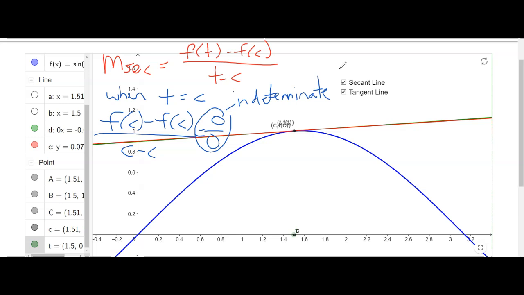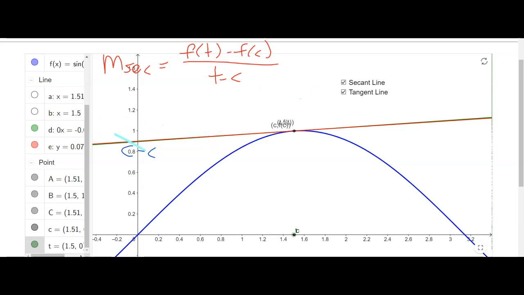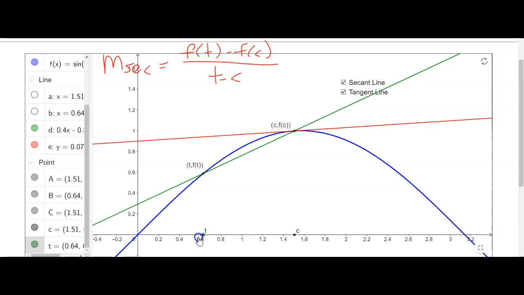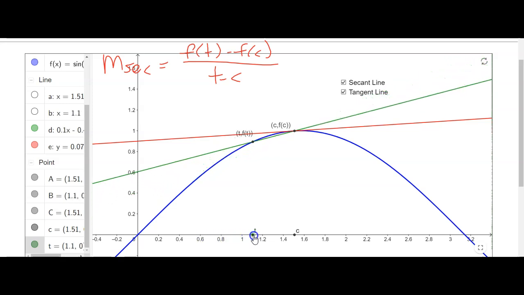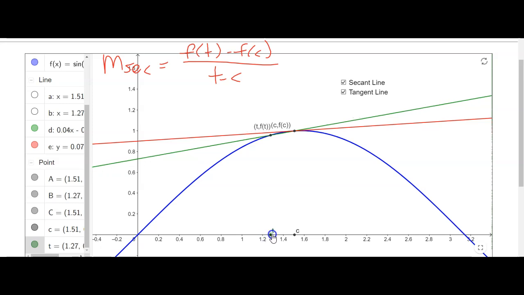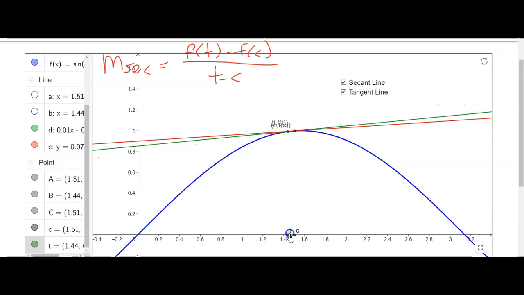Because we get something that's indeterminate. What we said though is, while we can't just substitute those values in, we can think about a concept we talked about in our first unit of calculus, and that's the idea of a limit. So as I move t closer and closer to c, it looks like the secant line is going to become the same as the tangent line.